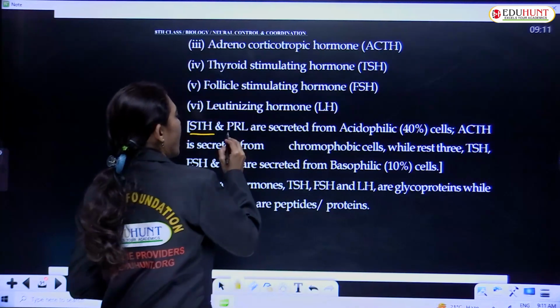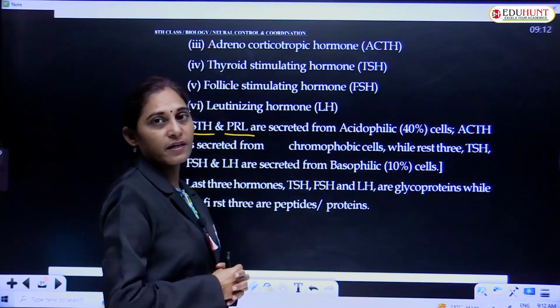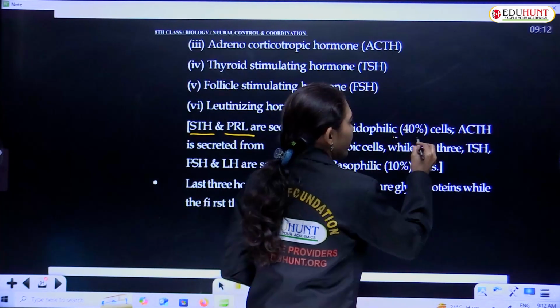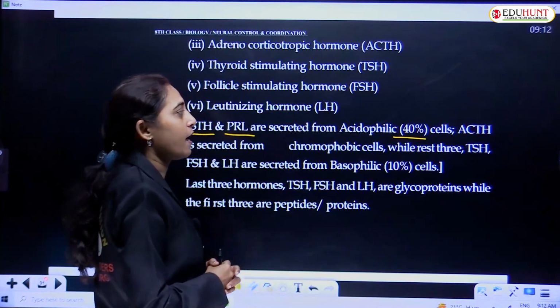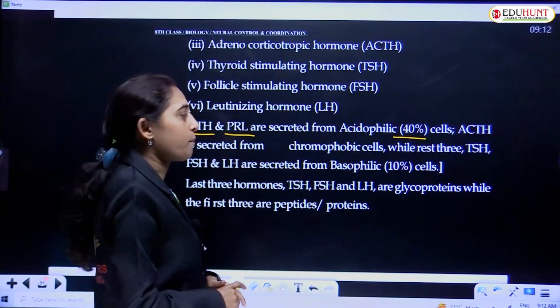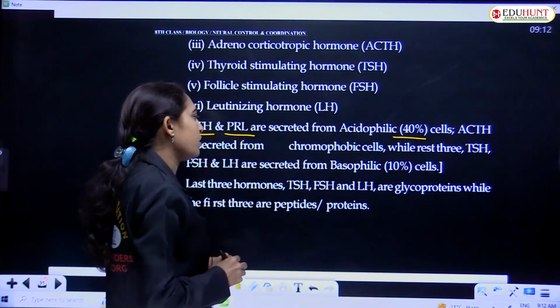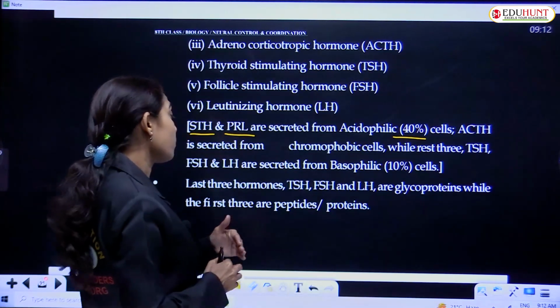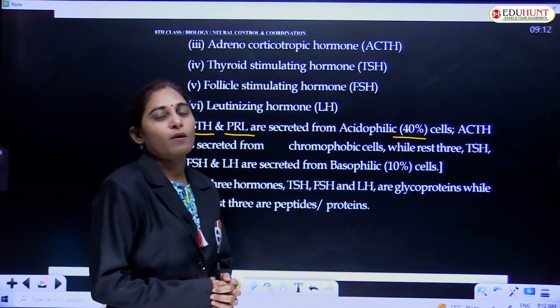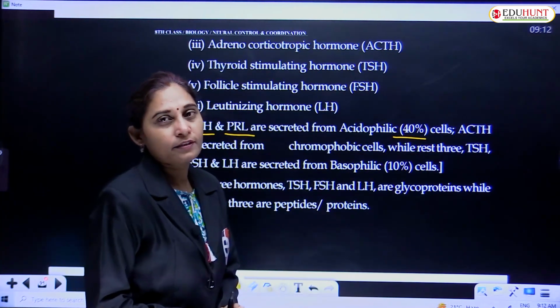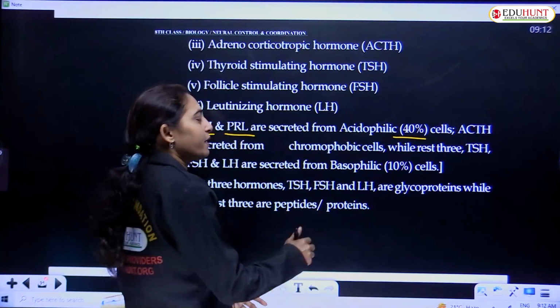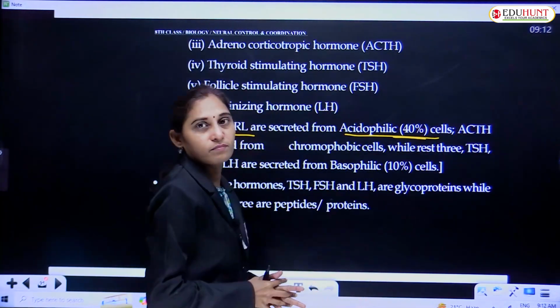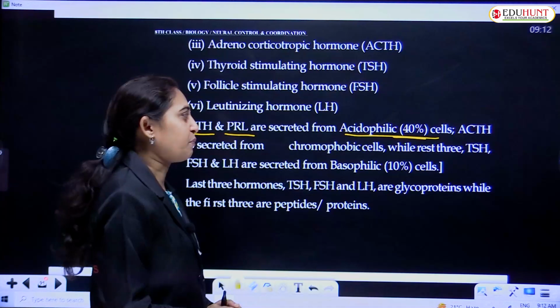Somatotropic hormone and prolactin are secreted by acidophilic cells, 40%.